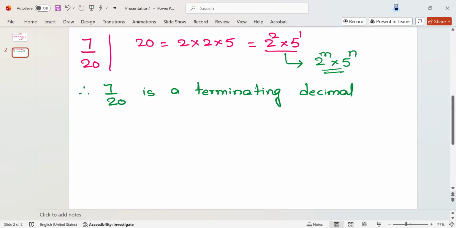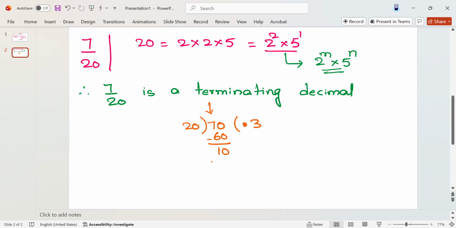So let us check whether it is terminating or not. How to check? Divide the numerator by the denominator. You have the dividend 7, which is way less than the divisor 20. So you put a decimal point and borrow a 0. 2 threes are 6, so 60, and what is the remainder? 10.